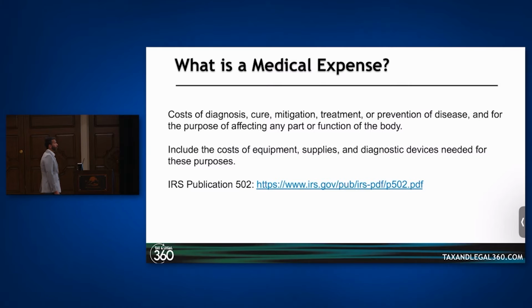Okay, so what is a medical expense? Here's the definition: it's the cost of diagnosis, cure, mitigation, treatment, or prevention of disease, and for the purpose of affecting any part or function of the body. That's a pretty broad definition, but as you can imagine, there's a lot that goes into that, right? And so I've linked this IRS publication. If you download the slides later, that should be a hyperlink that will take you to the publication automatically. But buried in there are, I don't know, hundreds of examples of deductible medical expenses that you can have a look at and see if any of them pertain to you.